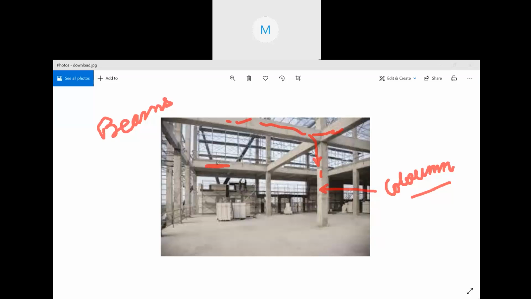The horizontal members, which I am showing you right now, are termed beams. They are the main parts of a structure, and below the column there is the foundation or footing, whatever you call it. So this is how we define it.